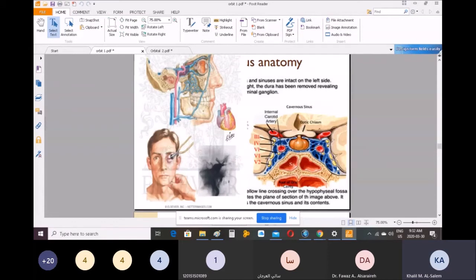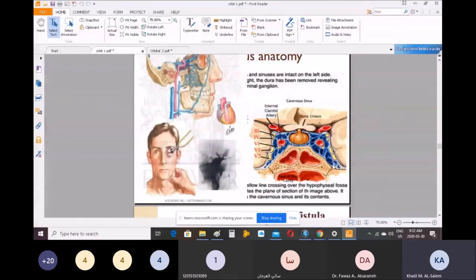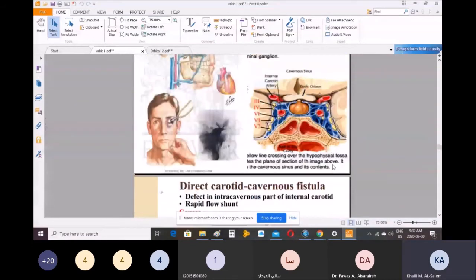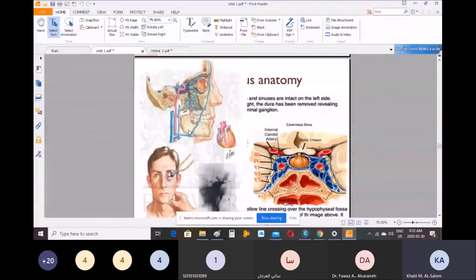So patients with carotid cavernous fistula, especially those of high shunt fistula, they will have total ophthalmoplegia. Total ophthalmoplegia. So let's talk more. This really shows that the veins of the face will drain through the superior and the inferior orbital vein and then into the cavernous sinus.